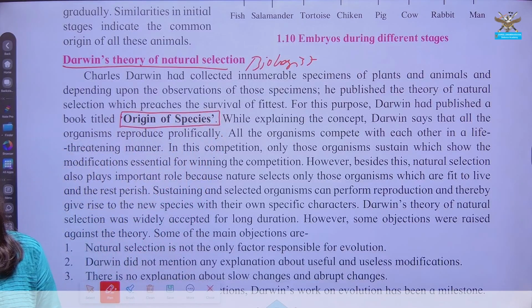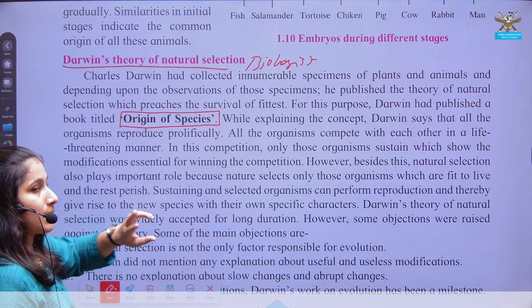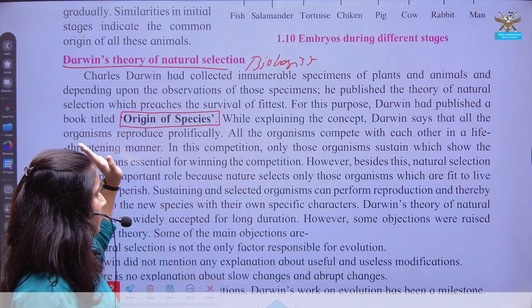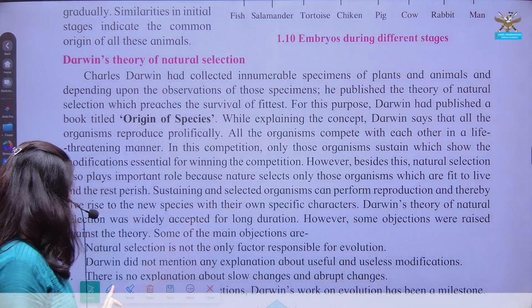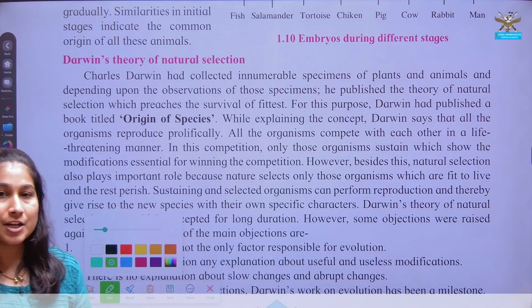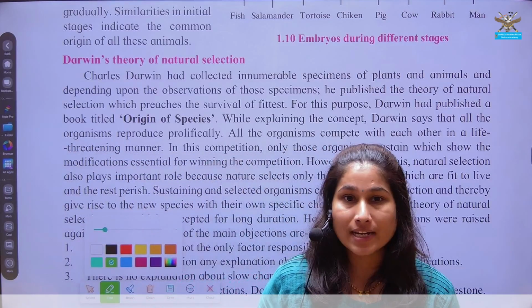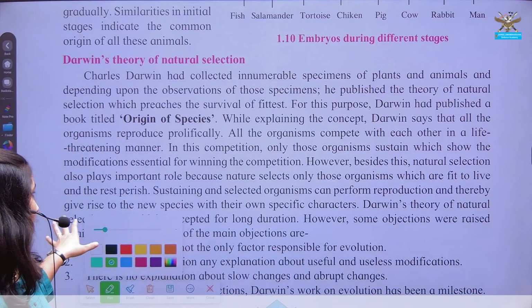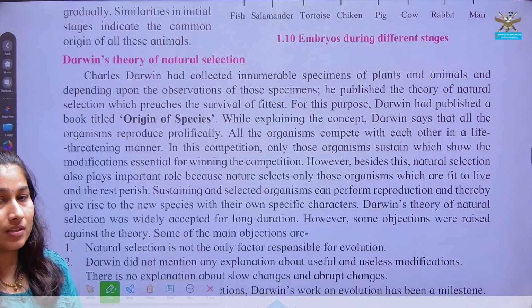In this book, he keenly recorded the similarities of all individuals of all organisms, and there he suggested that these similarities and differences were responsible for the evolution, but only the organisms which were able to survive in this environment or this condition.